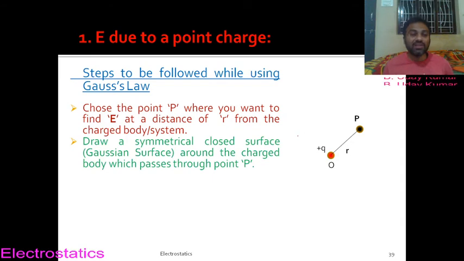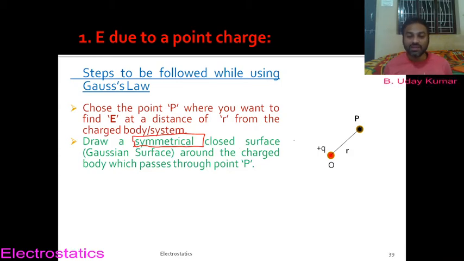For convenience, the closed surface here is drawn as a symmetrical one. While doing the proof of Gauss theorem, we constructed an unsymmetrical closed surface, but here, for convenience and for making the calculation easier, we construct a symmetrical closed surface.